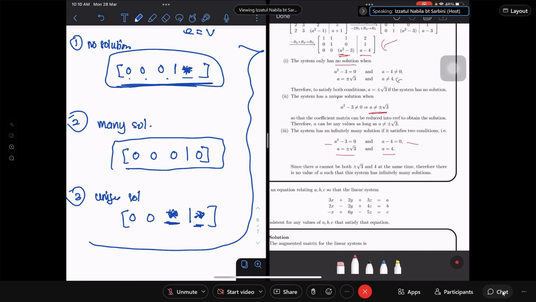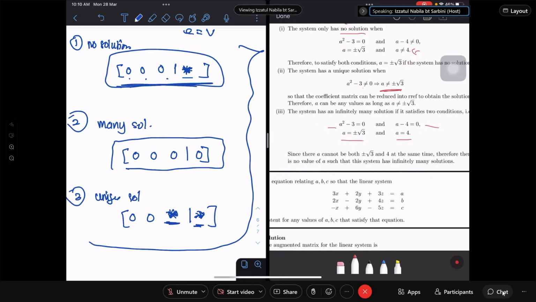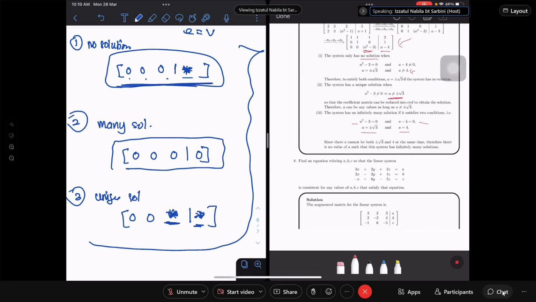So no. It is not possible for you to have an all-zeros row in this matrix. That means it is impossible for this system, for any value of a, to have many solutions. That will be your answer. Okay, because it's not possible, right? If a is root 3, a cannot equal 4 as well. Right, it's impossible for this system, for any value of a, to have many solutions. Okay, can?